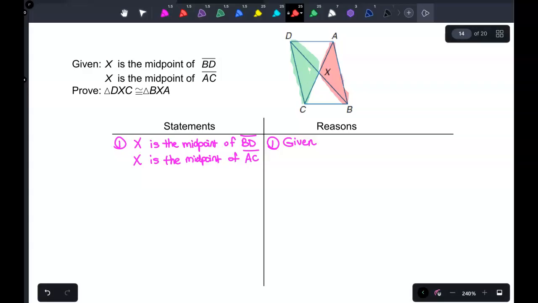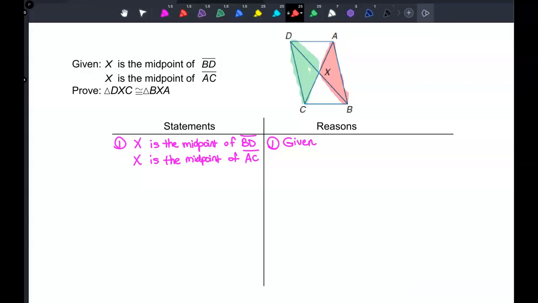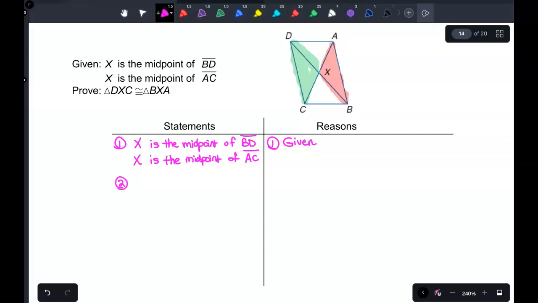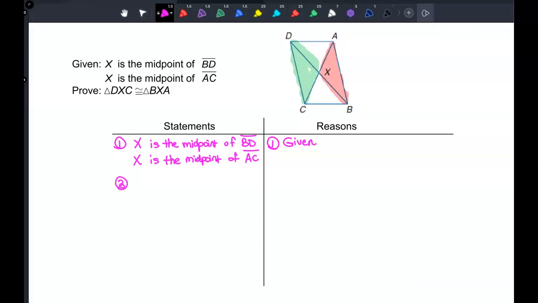Okay, so I'm just going to highlight so I can see clearly. I want to get DXC congruent to BXA. All right, any ideas? Where do we go? Okay. Like AX congruent to XC.